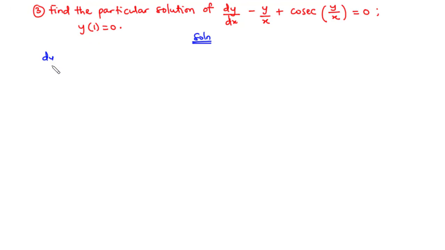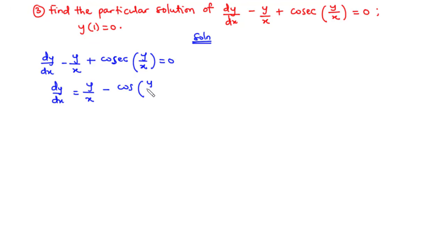So we have dy dx minus y over x plus cosec of y over x equals 0. Now let's try to make dy dx the subject. So we transpose these two terms to the right hand side. So we have dy dx equals y over x and then minus cosec y over x.